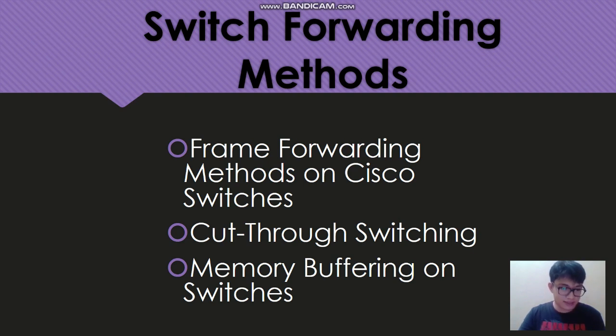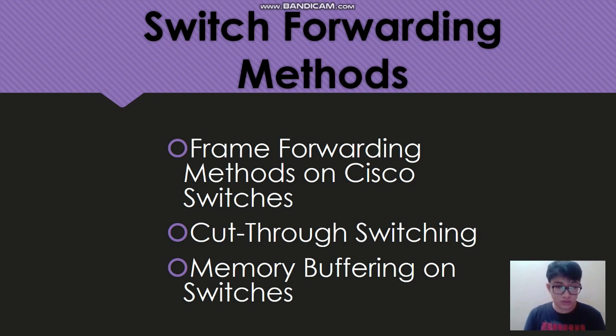During the storage process, the switch analyzes the frame for information about its destination. In this process, the switch also performs an error check using the cyclic redundancy check, or CRC, trailer portion of the Ethernet frame. CRC uses a mathematical formula based on the number of ones bits in the frame to determine whether the received frame has an error.